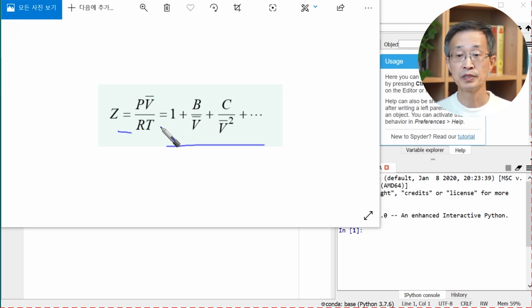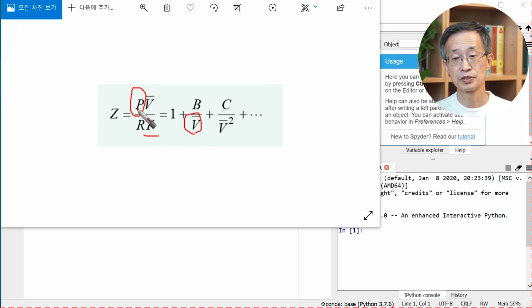So what you're given here is the pressure. Let me switch to the pen, maybe a red color. You are given the pressure and the V-bars, and also the temperature.